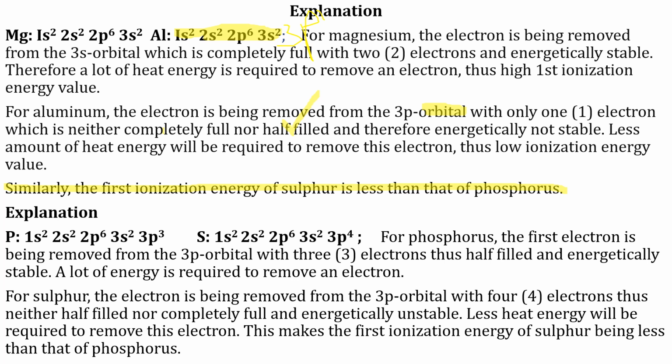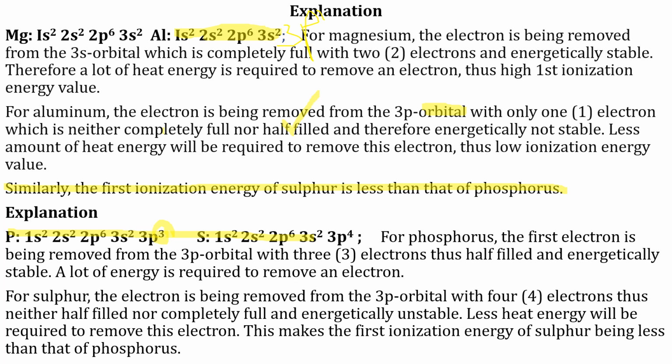So if you look at it, I said if you're comparing two things, you first start by writing their electronic configurations. After writing the electronic configuration, start your explanations. You see that in phosphorus, we have a half-filled 3p sub-energy level, whereas in sulfur, we have neither a half-filled nor a fully filled 3p sub-energy level.